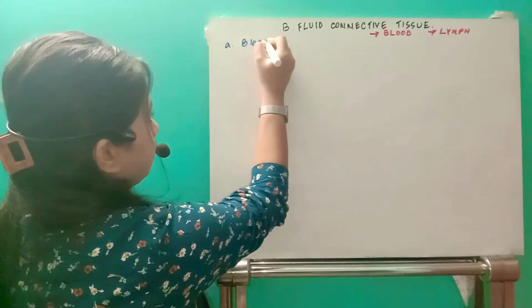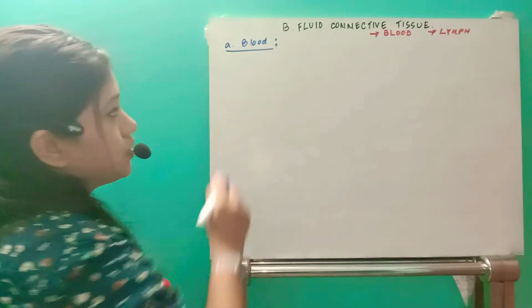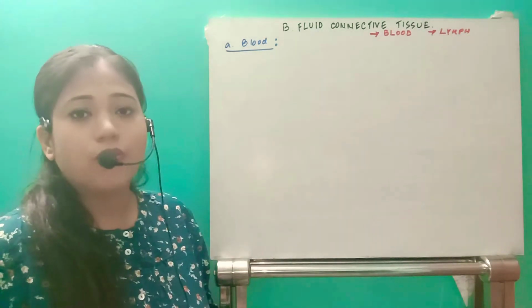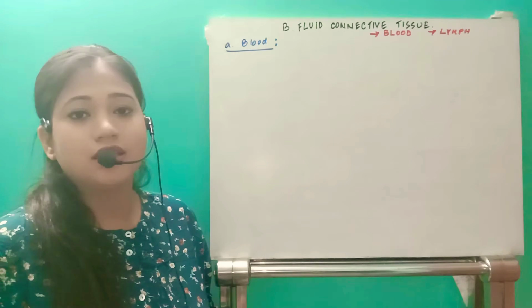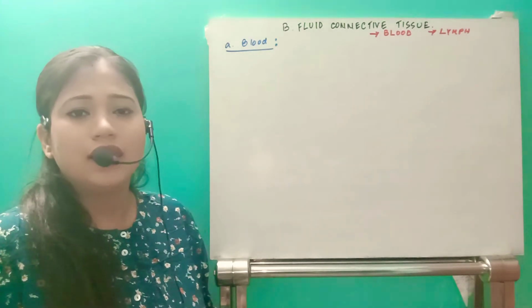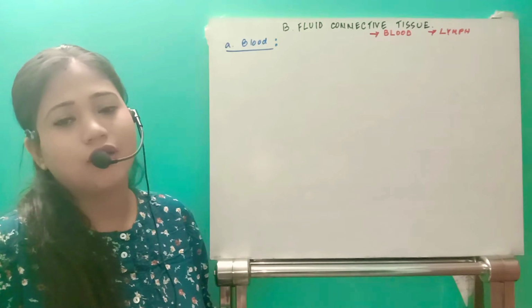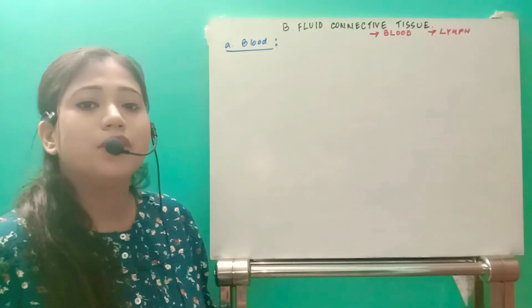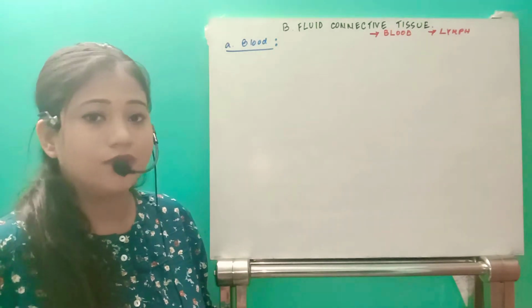So what is blood? That is the fluid connective tissue, and the blood is actually connecting throughout the body, and it is the softest tissue of our body also. One healthy individual can have around 6 liters of blood, and that blood will not be consistent in our blood vessel.